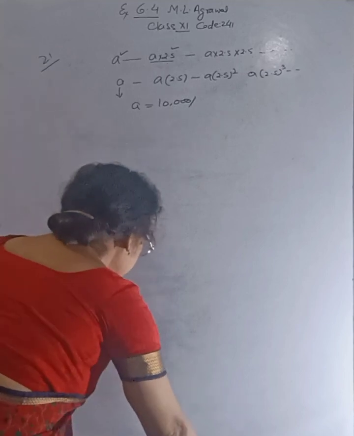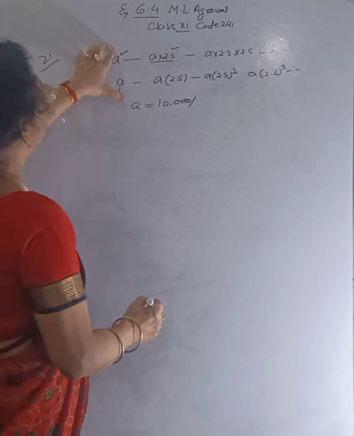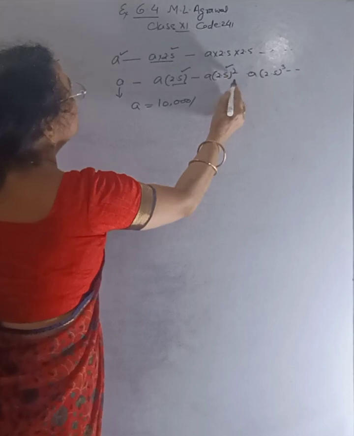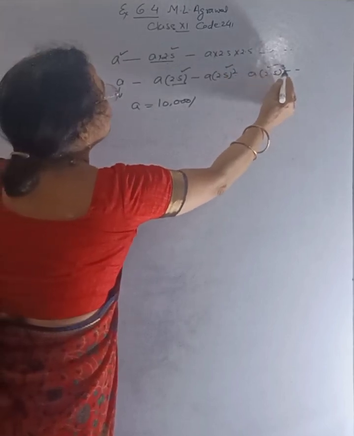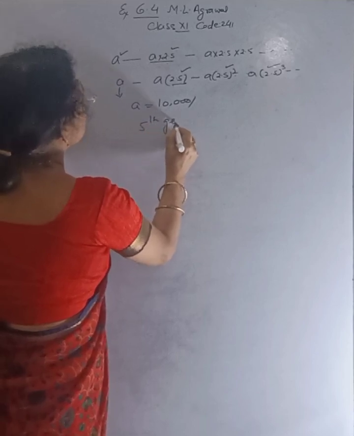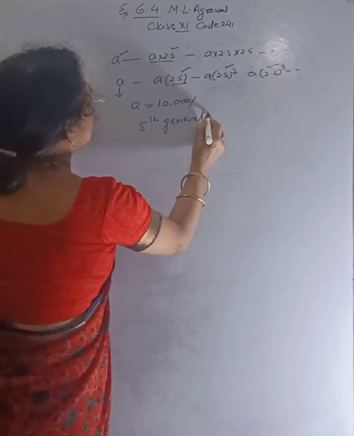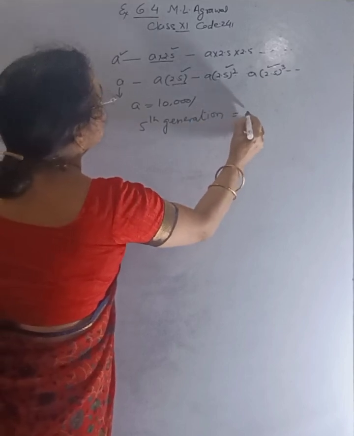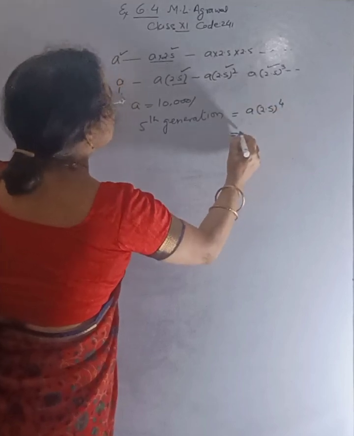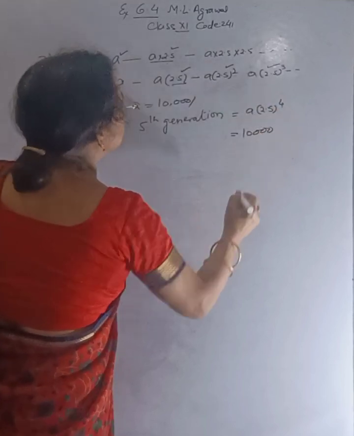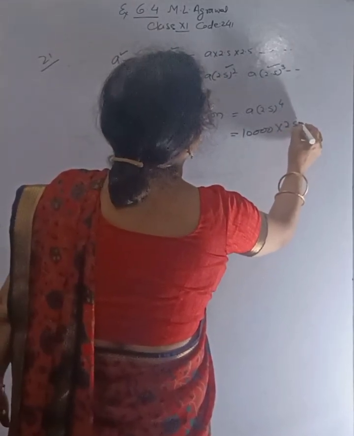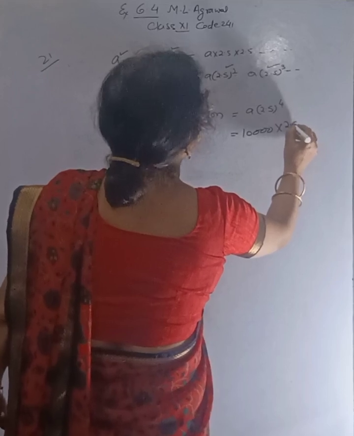Fifth generation may console. This is the first generation. We are having this, this is the second generation. This is the third generation, power 2. Fourth generation, power 3. It is the fifth generation. The insect amount will be A into 2.5 to the power 4, that is 10,000 into 2.5 to the power 4.